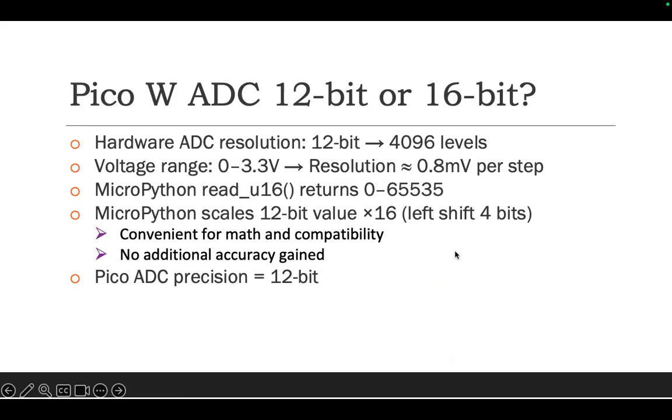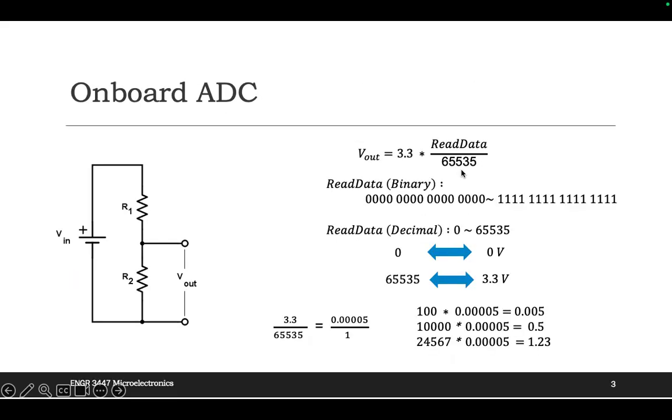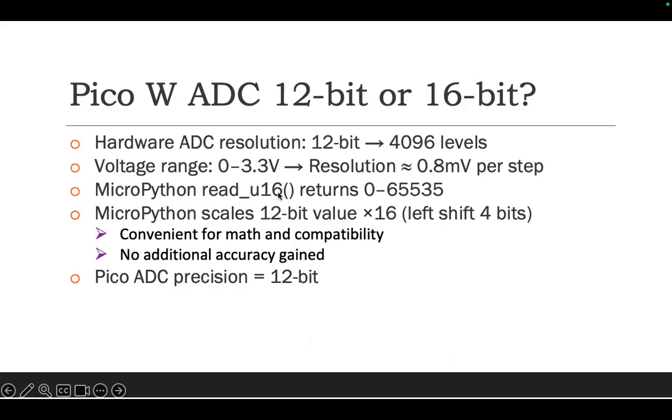We talked about this in last class. You can see in our code, we just use 16-bit. But in reality, the hardware ADC resolution is not 16-bit, it is 12-bit. MicroPython scales 12-bit to 16-bit, with a left shift of 4 bits, just for the convenience of computation.